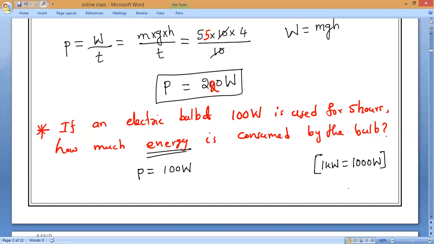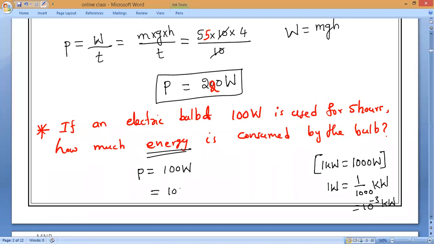Now, from that, 1 watt is equals to how many kilowatts? 1 by 1000 kilowatts, or we can say 10 power minus 3.